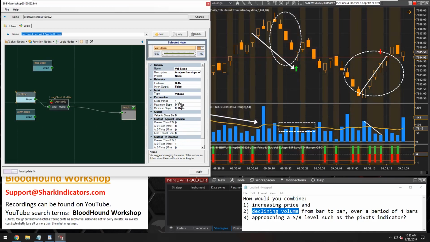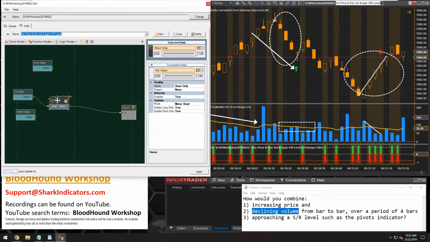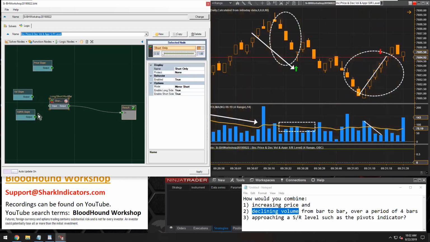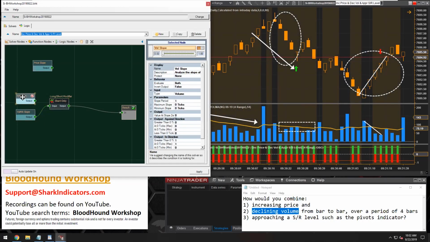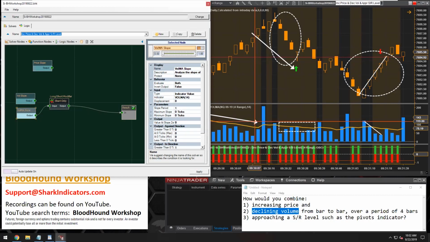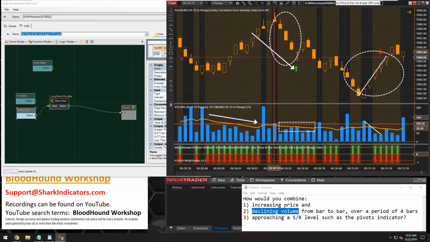So if you literally want to look at volume on a bar by bar basis for declining, we can use the top solver and just pop it into this function node, or we can take the volume MA indicator and pop it in there. I'm going to use the volume MA because I think it'll be a little more generic versus literally looking at the volume.